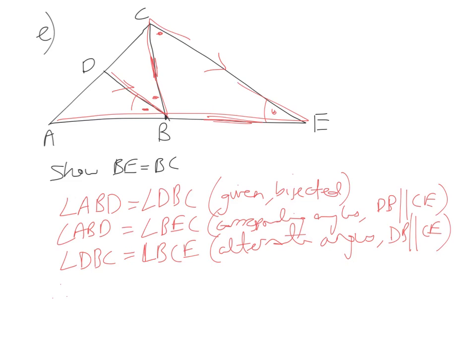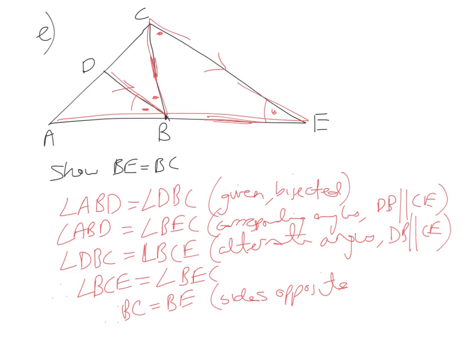Now we know that BCE is equal to BEC, and therefore BC is equal to BE because sides opposite equal base angles are equal.